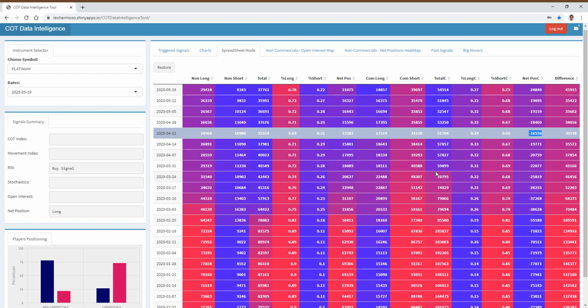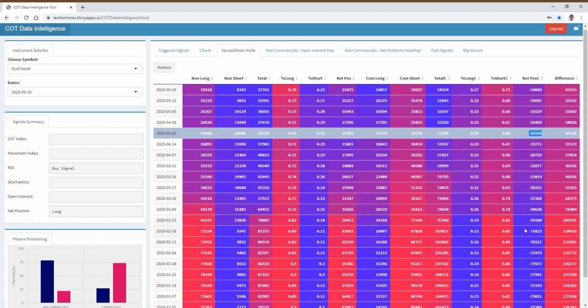On the other hand, let's say that commercials are the stop signs and the go-ahead signs for the markets, and the non-commercials are the fuel to the trend. These non-commercials, big speculators, are really interested in making profits trading. So they need to buy at 10 and sell at 15 to make some profit. Every time the market is going up, you will see these guys adding to longs, and you can see this is true right here.